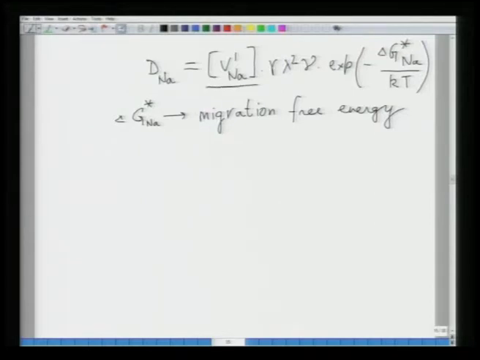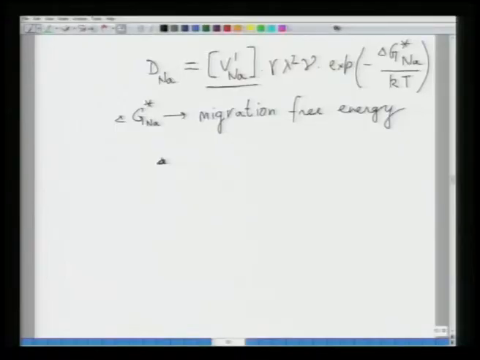Now what happens at lower temperatures, if CdCl2 is present in ppm quantities? You know from the defect reaction that for each cadmium ion you have one sodium vacancy. So the number of sodium vacancies in sodium chloride is going to be equal to the number of cadmium ions, or the cadmium chloride concentration.